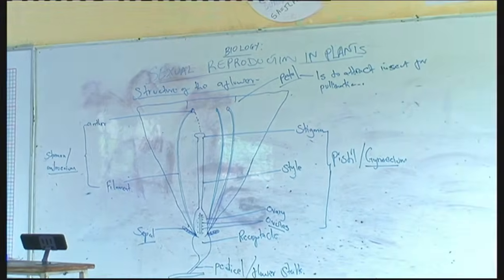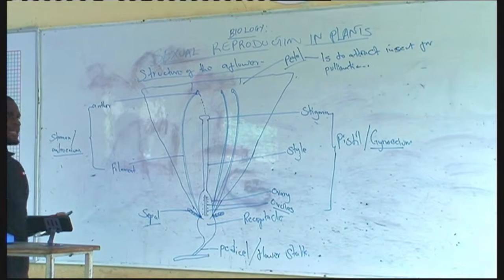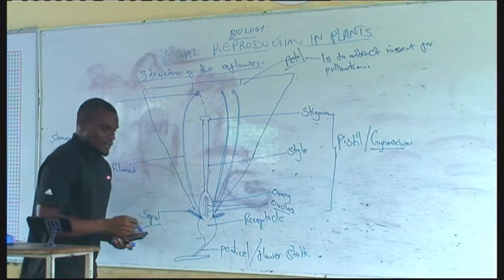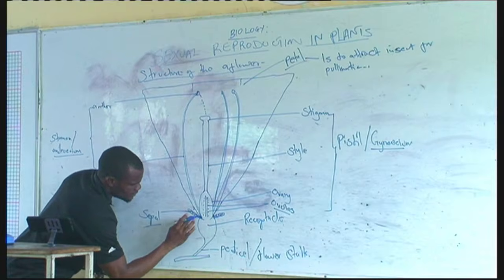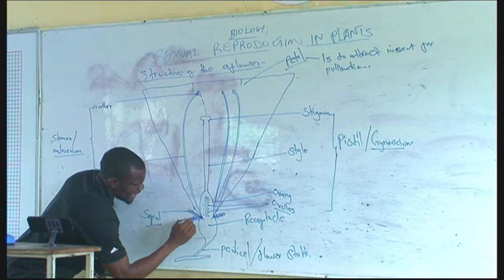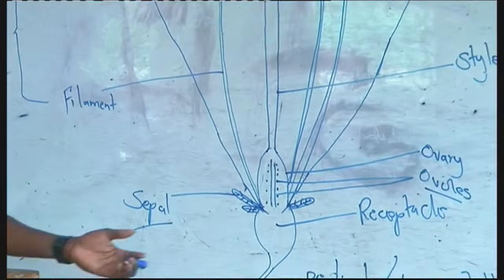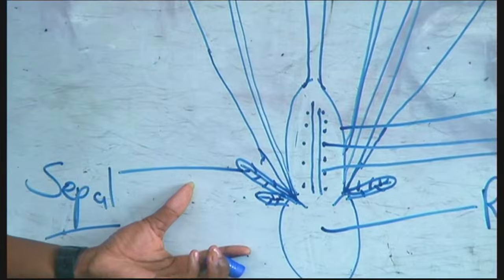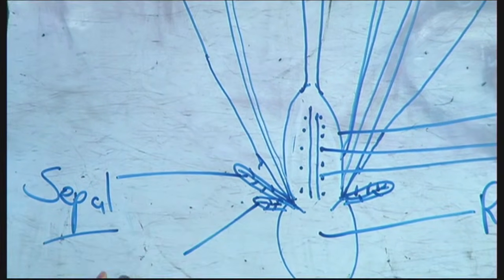Let me see the structure that we are leaving out. Yes, we are leaving one structure, which is called the epicalyx. The epicalyx are the leaf-like structures found below the sepal. They are called the epicalyx.